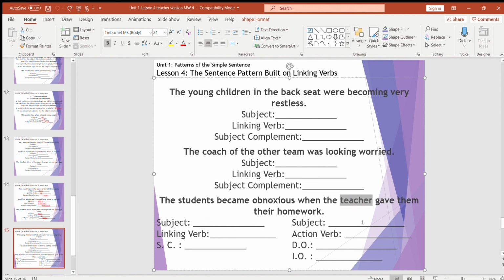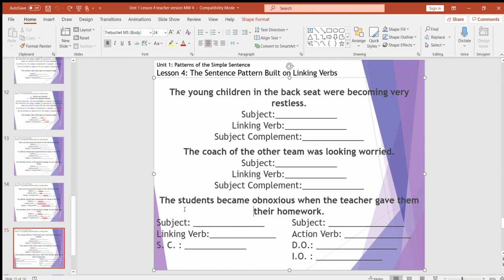Teacher would be my subject. What did the teacher give? They gave homework. So homework would be your direct object. Now, do we know who the teacher gave the homework to? We do, and it is coming in front of the direct object. It is "them," right? The teacher gave homework to them. So that's my indirect object.